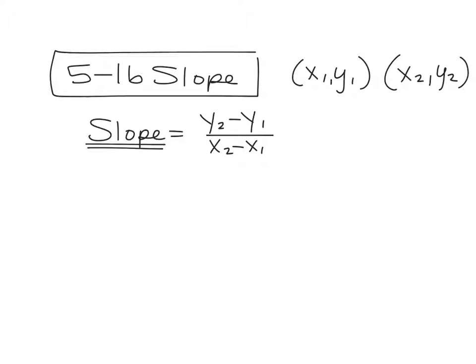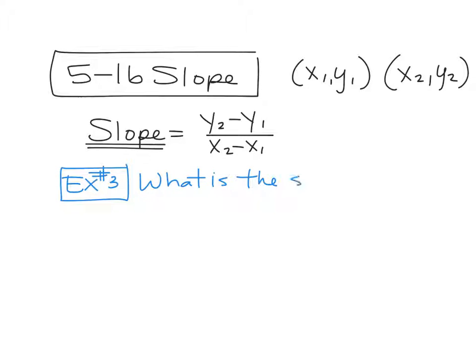So what I'm going to do is I'm going to give you, this is like example 3 from the book because this is the second half of the lesson. I'm going to give you points and say, what is the slope of the line through these 2 points?